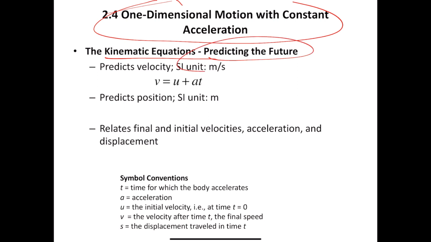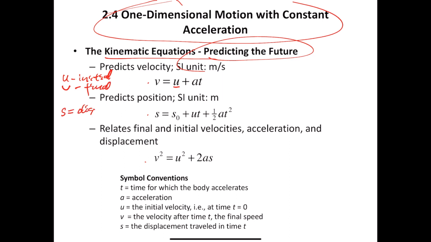Now there's a different version, unfortunately, different books from different countries use different notation. You will see this version usually from the UK style. They use U for initial velocity, V for final velocity, S for displacement, and A for acceleration.